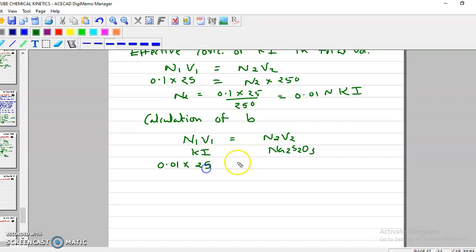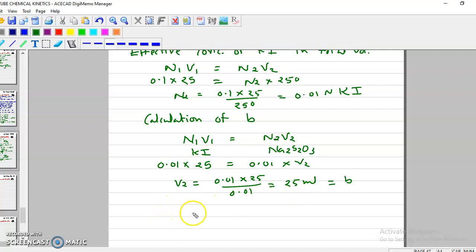We are taking 25 ml of the solution. The concentration of Na2S2O3 is 0.01 into V2, that is small b. So V2 is equal to 0.01 into 25 upon 0.01, and that is again 25 ml. So this is small b.